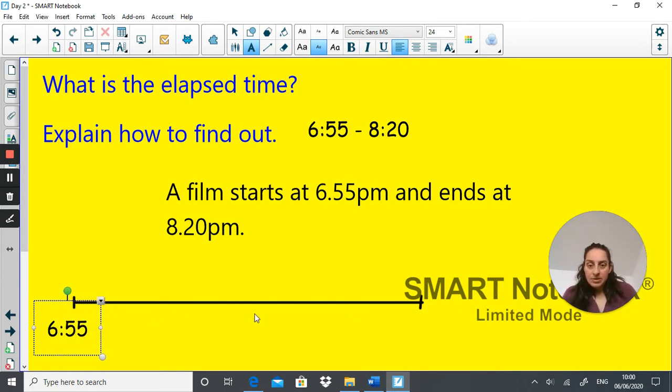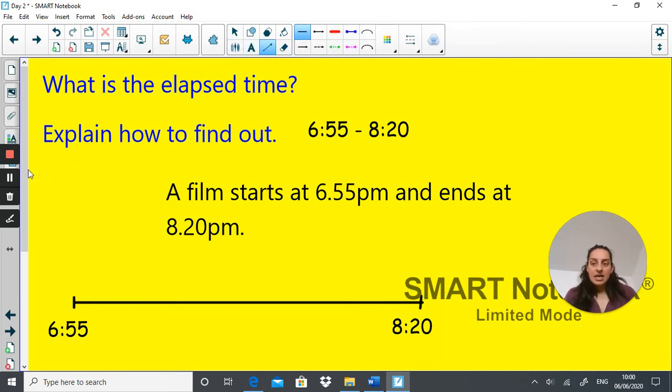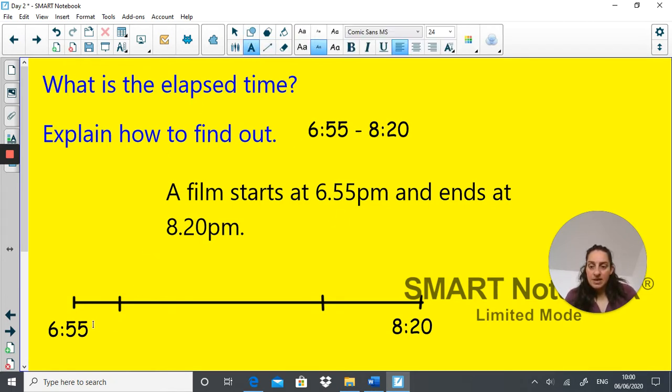I'm then going to put down 8:20 here. So I would put in another line here for 6:55 to 7, then 7 to 8, and 8 to 8:20. Let's put in my times here.